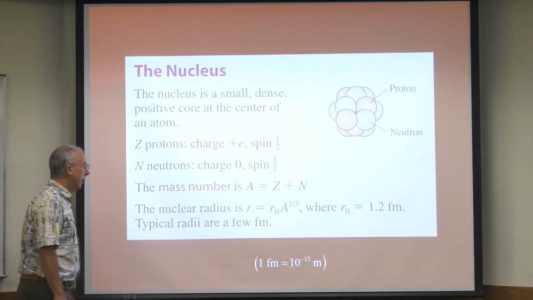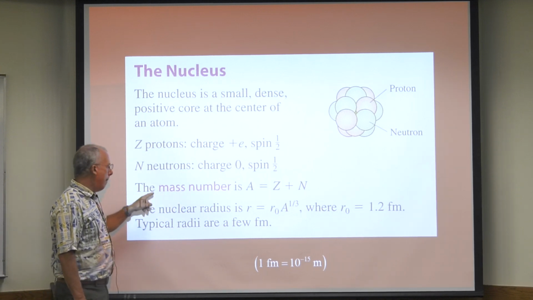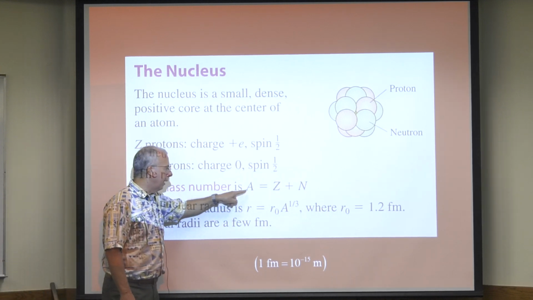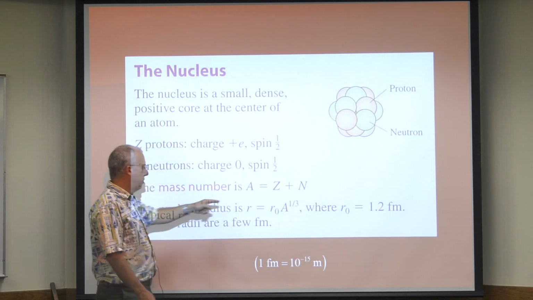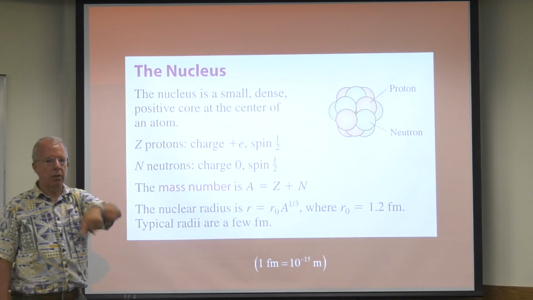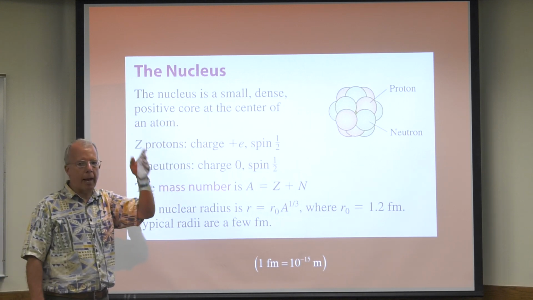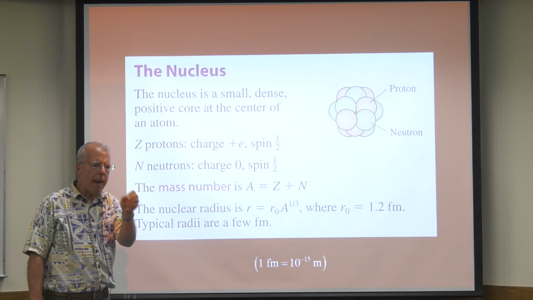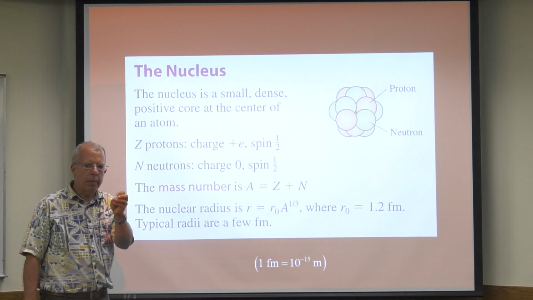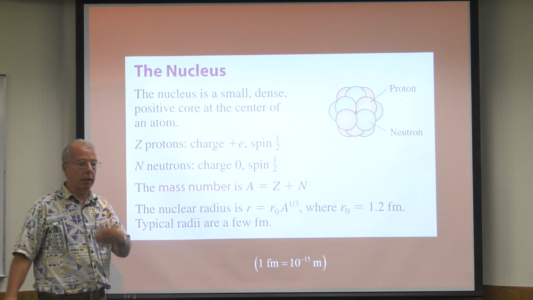Now they have something called the mass number. The mass number is A. So what's that? It's just Z plus N. I mean, think of an atom. You have these super tiny electrons, which hardly have any mass, orbiting the nucleus. Where does all the mass of an atom come from? It comes from the nucleus, right? The protons and neutrons have much, much more mass than an electron.